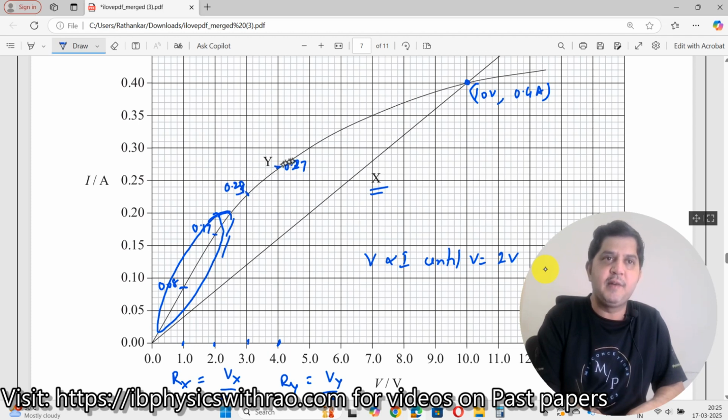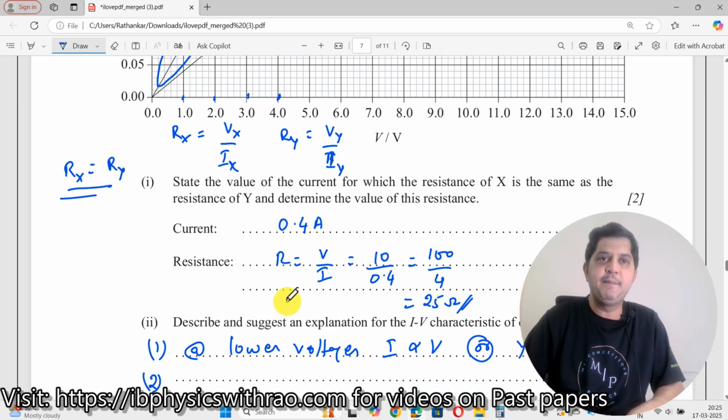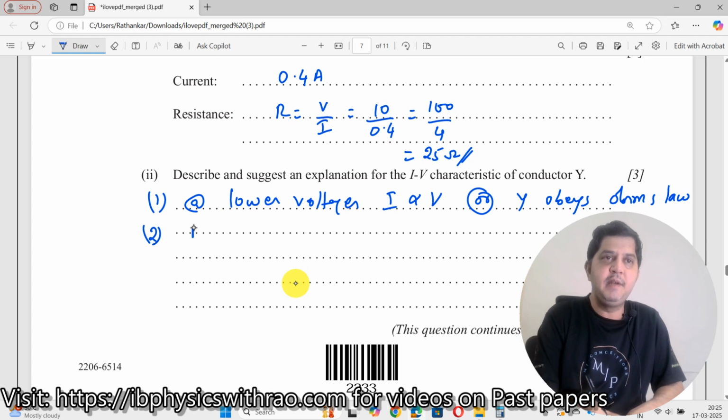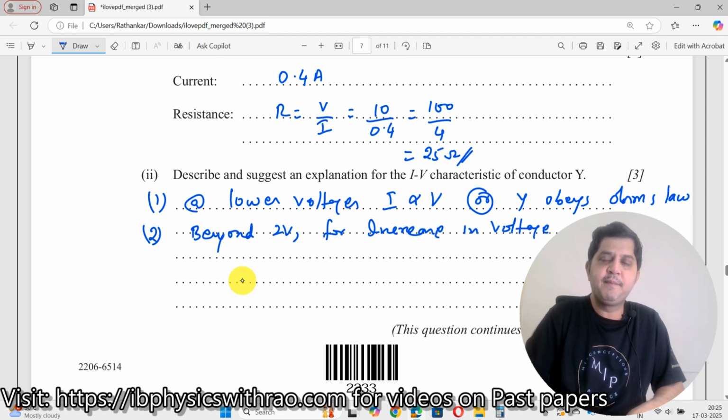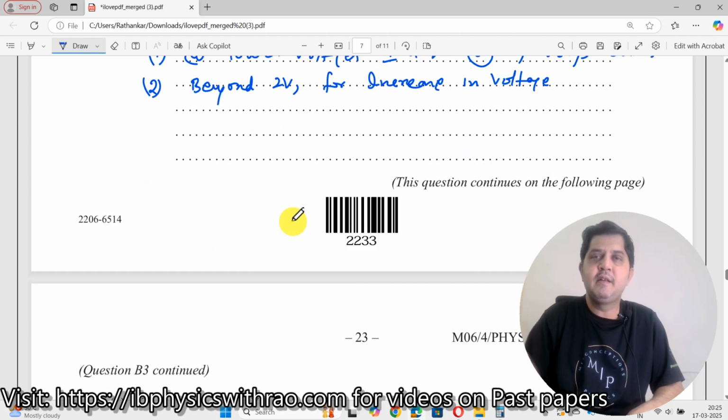Current increases by 0.04 here. How much was it here? It was 0.08, right? So the second point: beyond 2 volts, for an increase in voltage, current increases slowly.